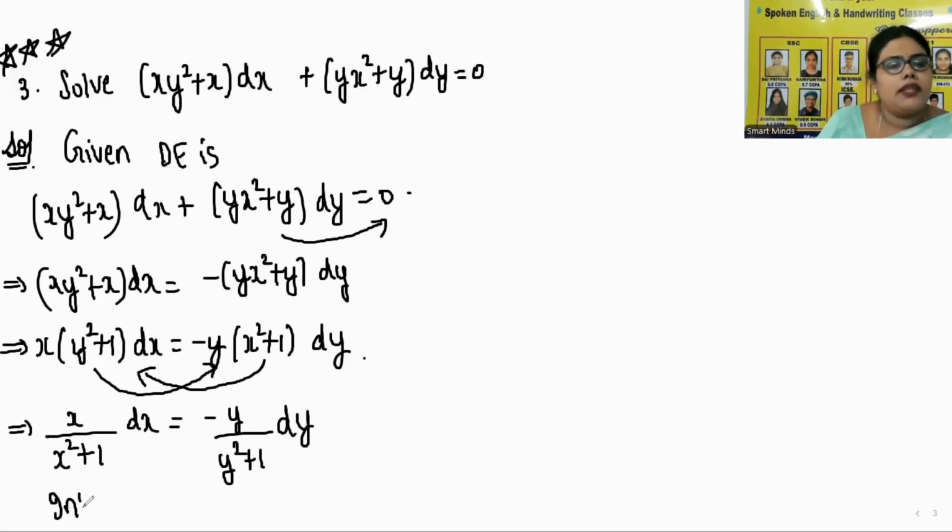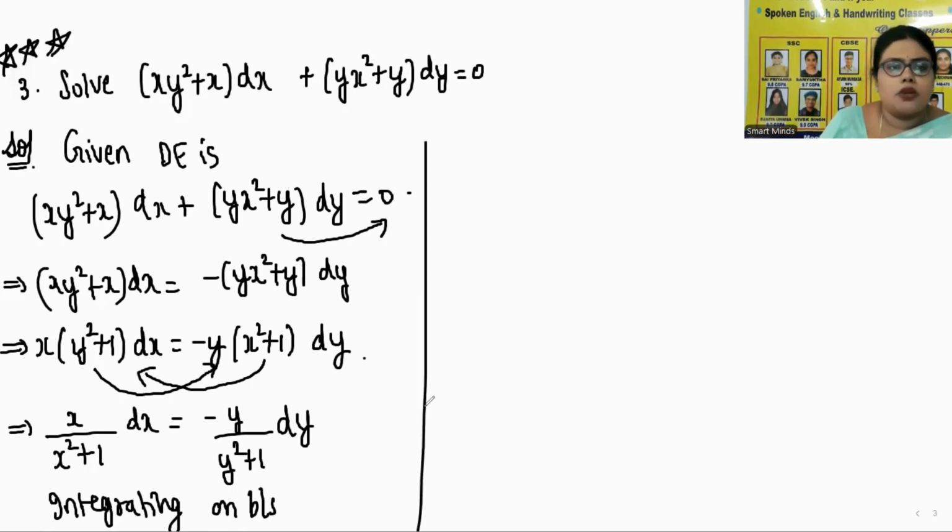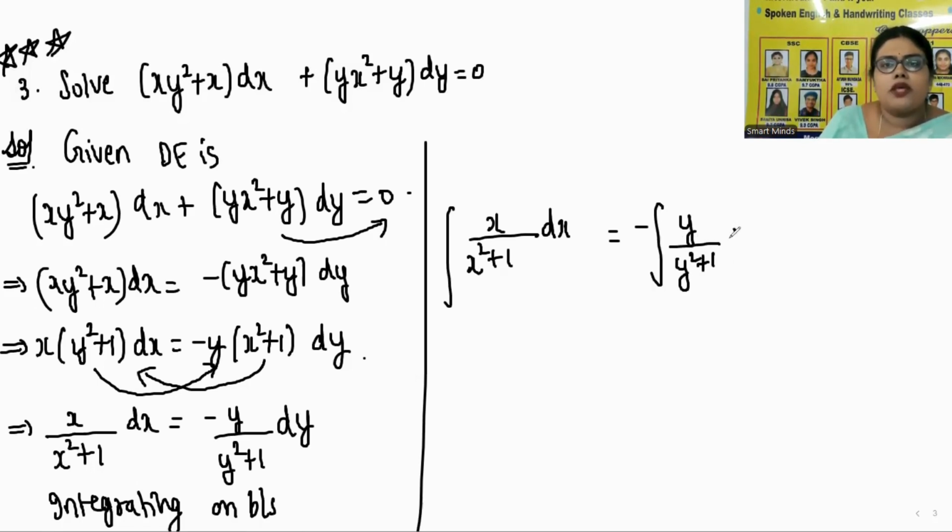Now integrating on both sides. If you integrate on both sides, what will you get? Integral x by x square plus 1 dx is equal to minus integral y by y square plus 1 dy. Now see, if I differentiate the denominator, we will get 2x.